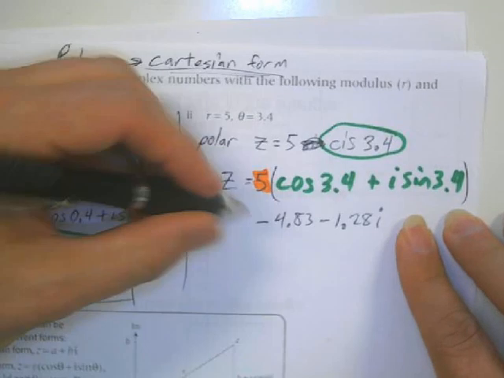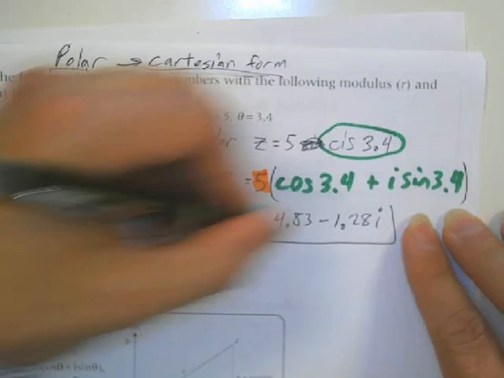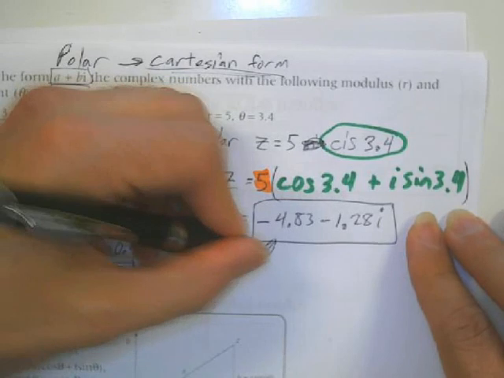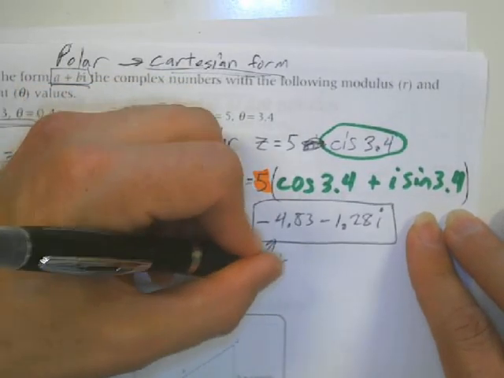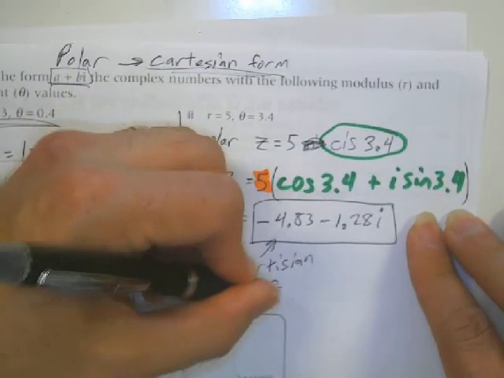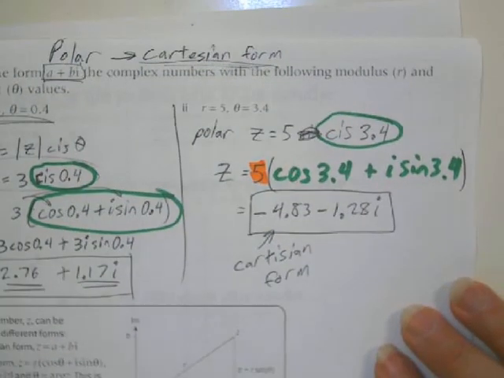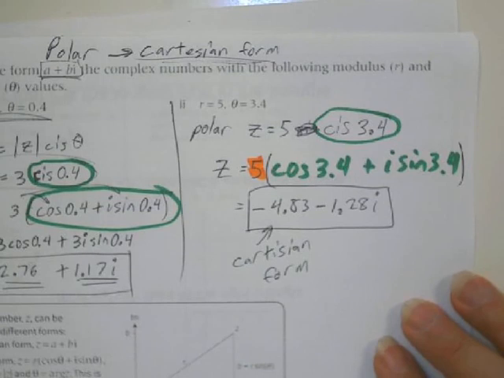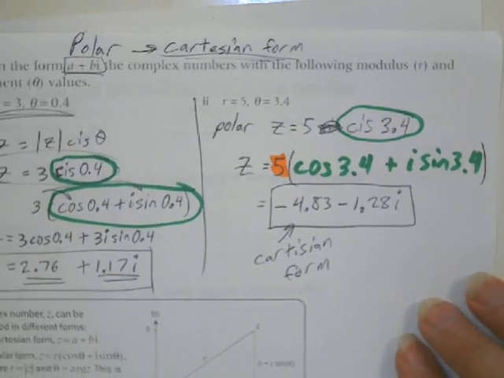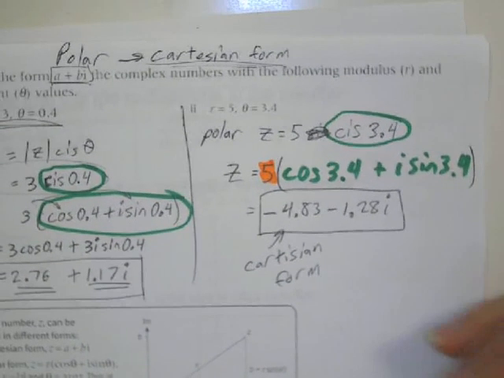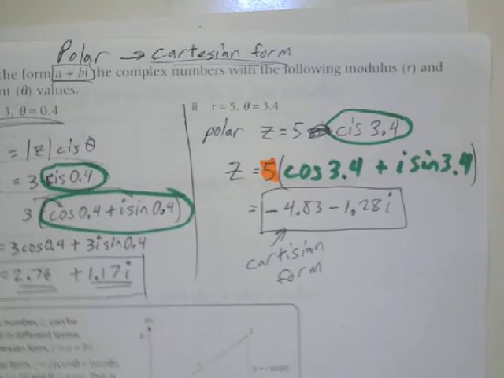And now we have written it in Cartesian form. Okay, this is the most important thing that we're going to be using for the rest of this chapter, converting back and forth from Cartesian to polar and polar to Cartesian.